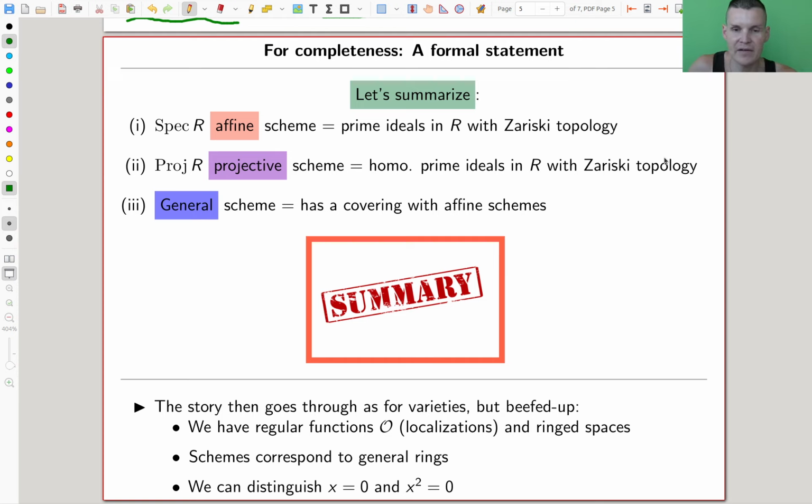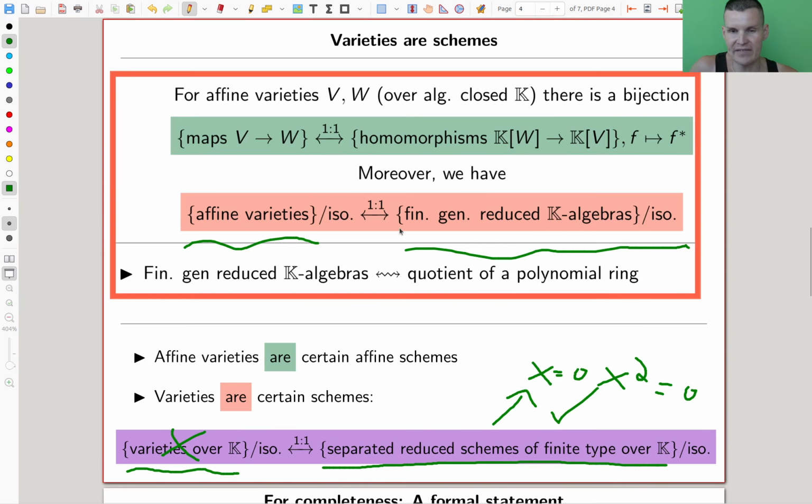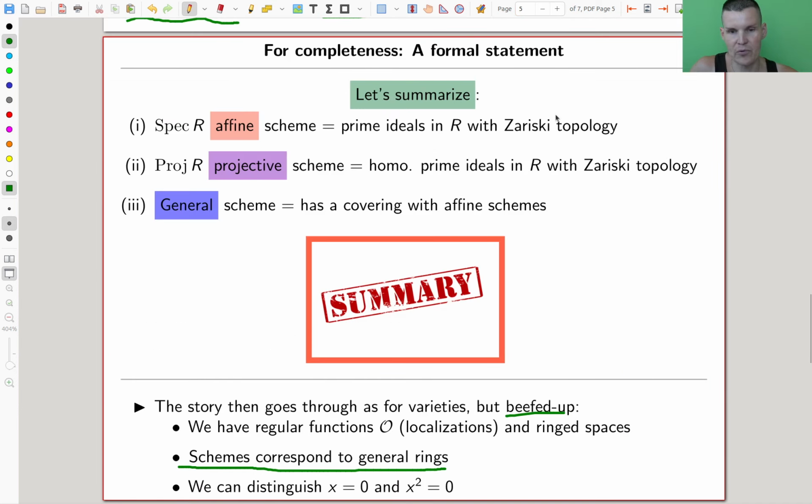And kind of the point is that schemes correspond to general rings, while varieties just correspond to certain types of rings. And in the scheme world, we can distinguish fat points, multiple points, where in the algebraic variety world, we simply can't. Yeah? Just what it is.